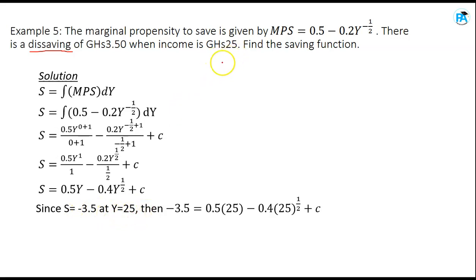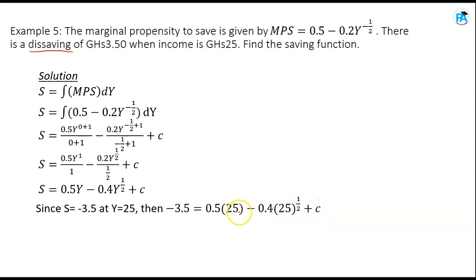Income 25. Okay, then when we substitute, always check it. So when we substitute negative 3.5 in place of s, and when we substitute 25 in place of y, what does that give you?